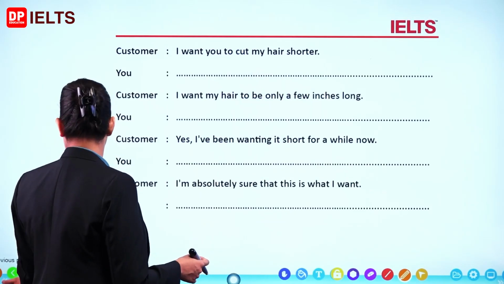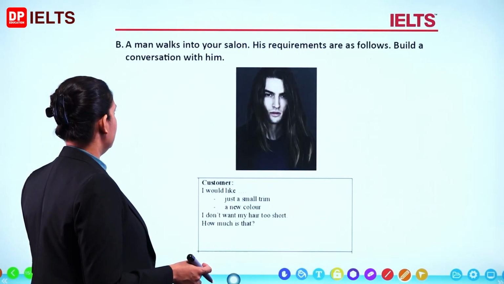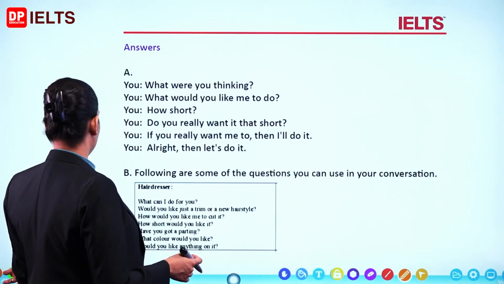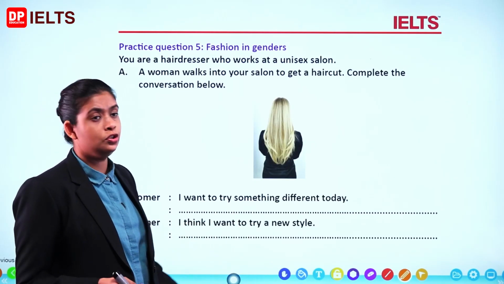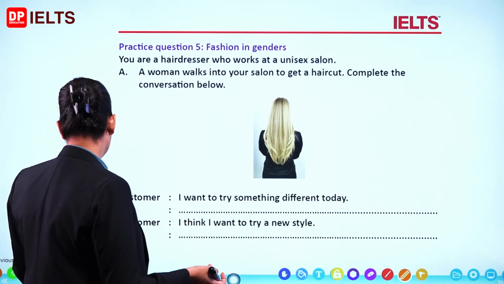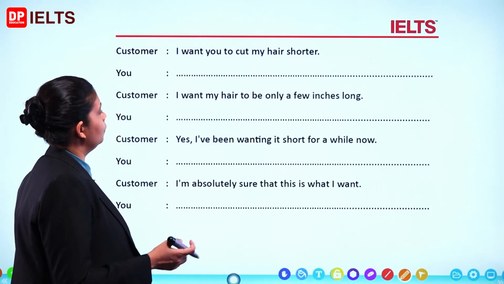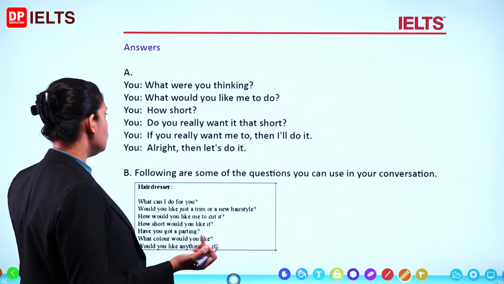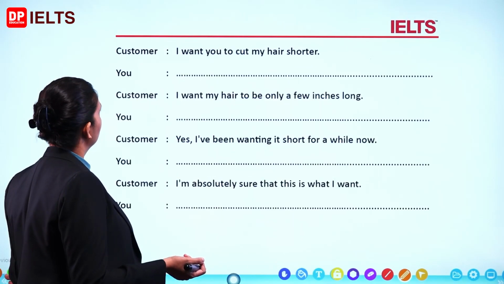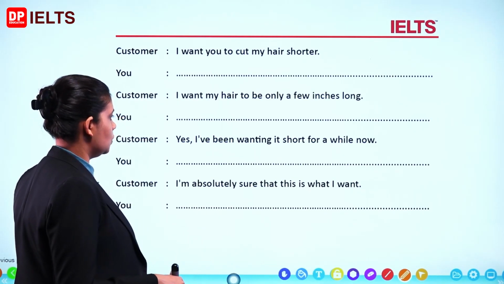So here, I want to try something different today. What were you thinking? I think I want to try a new style. Oh, really? Which one? I want to cut my hair shorter. How short? I want my hair only a few inches long.